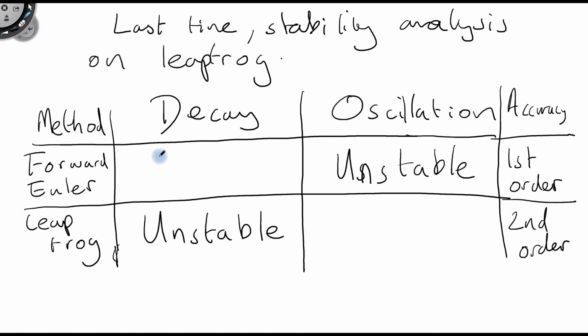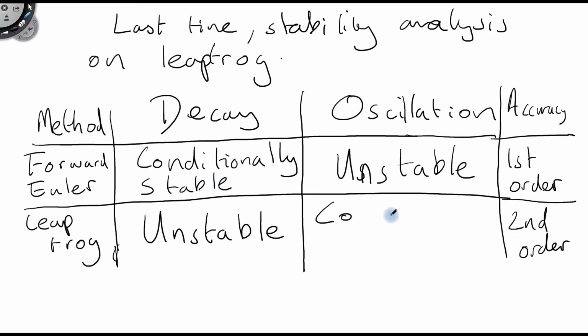Then finally, these other boxes: we know that Forward Euler was conditionally stable. By conditional I mean that the time step delta t has to be sufficiently small, and equally Leapfrog was conditionally stable, which we did last time.